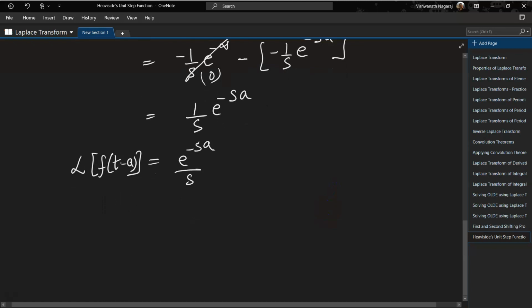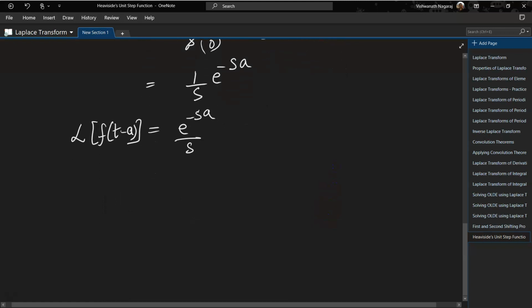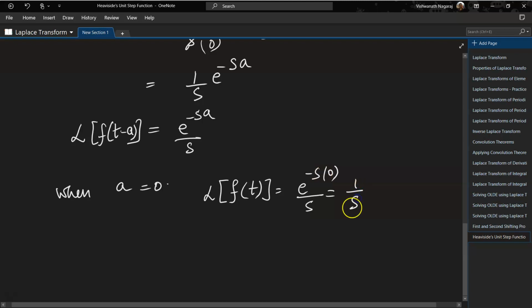Okay. Now, in case a is equal to 0, then what happens? The Laplace of f of t minus a becomes the Laplace of f of t, equal to e to the power of minus s times 0, by s, which is e to the power of 0, which is 1 by s, right?